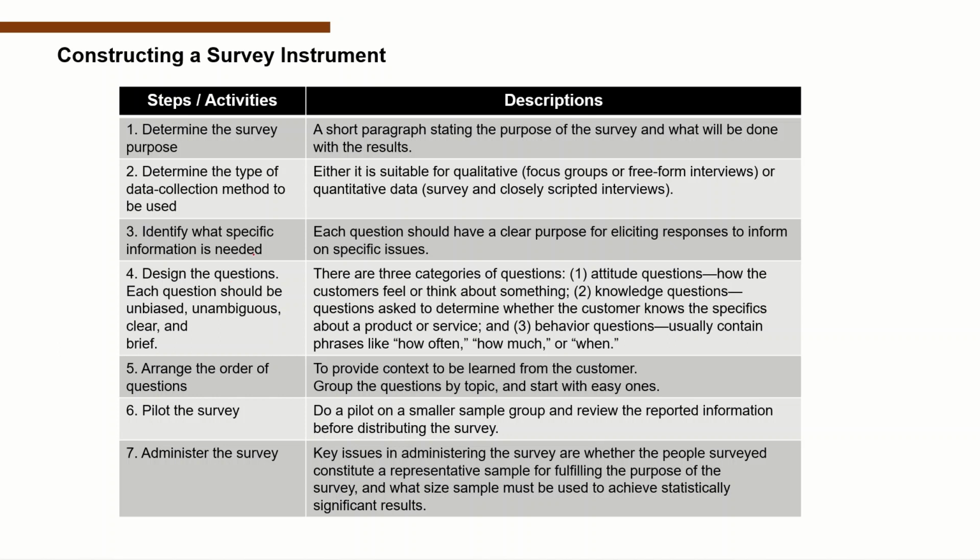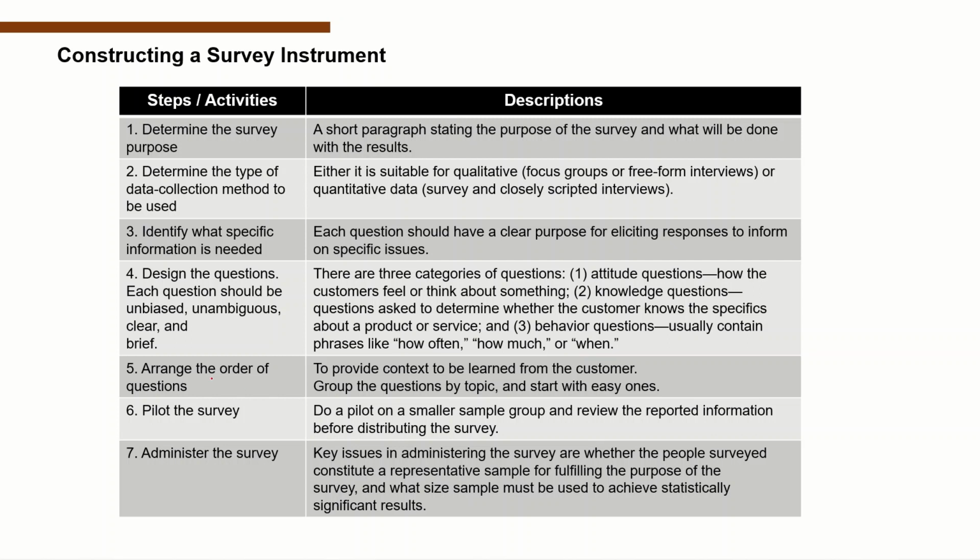There are three categories of question: attitude questions, how the customer feels or thinks about something; knowledge questions, asked to determine whether the customer knows specifics about a product or service; and the last one is behavior questions, which usually contain phrases like how often, how much, or when. Then arrange the order of questions.